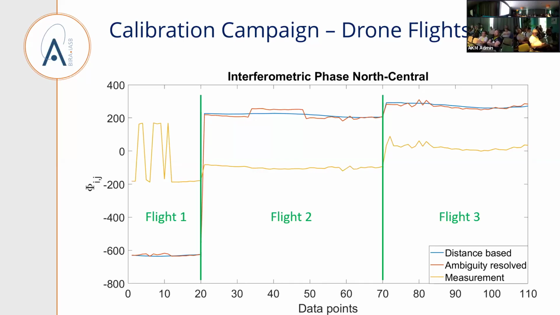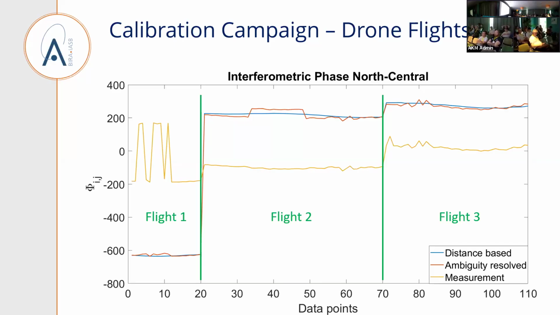And you can see here this typical wraparound we have because of the minus 180 to 180 phase sampling. And so we have the measured phase here in kind of yellow. And you can see we are very far away from the blue curve here.